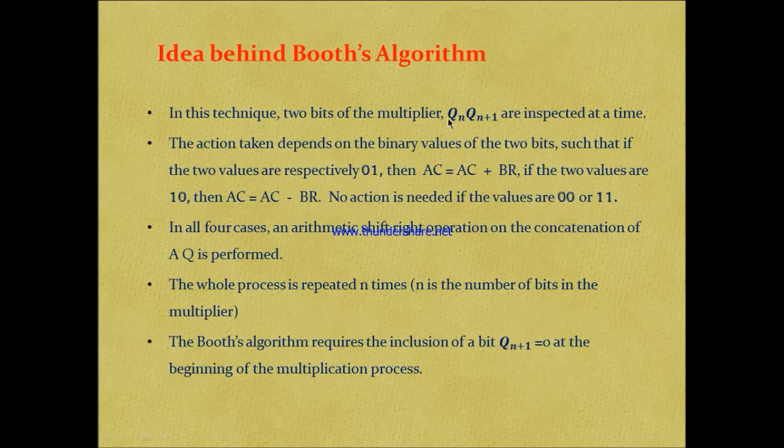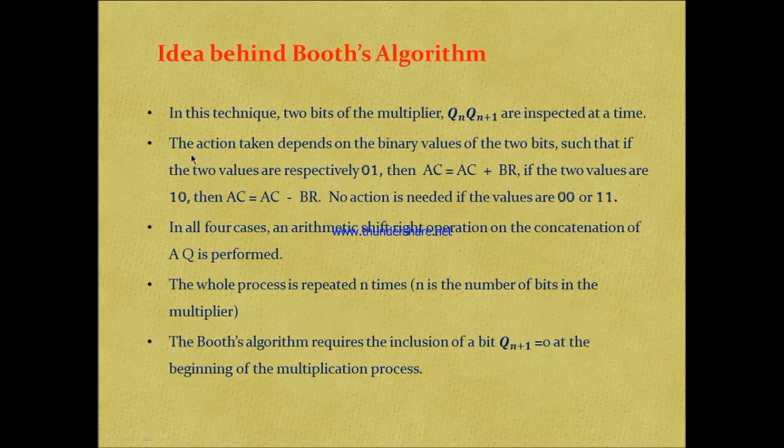Qn is the least significant bit of the multiplier, and Qn plus 1 is another bit we use in the Booth algorithm. Qn is part of the multiplier, but Qn plus 1 is not part of the multiplier. It is additionally taken for the Booth algorithm to be performed efficiently.